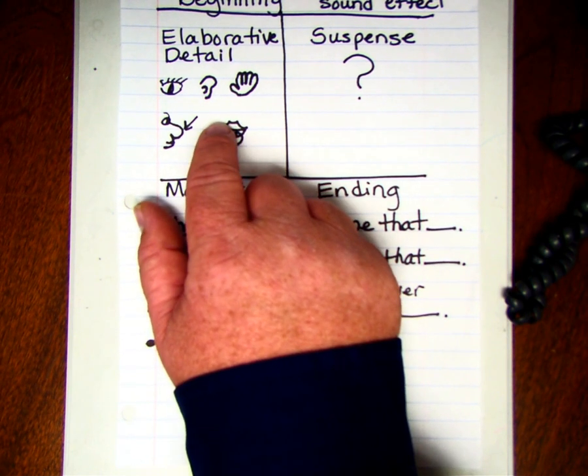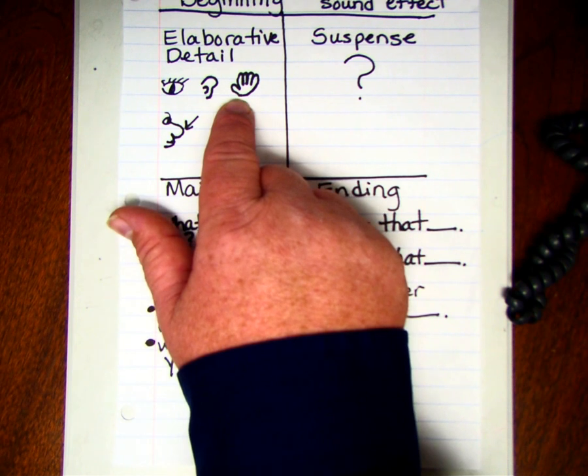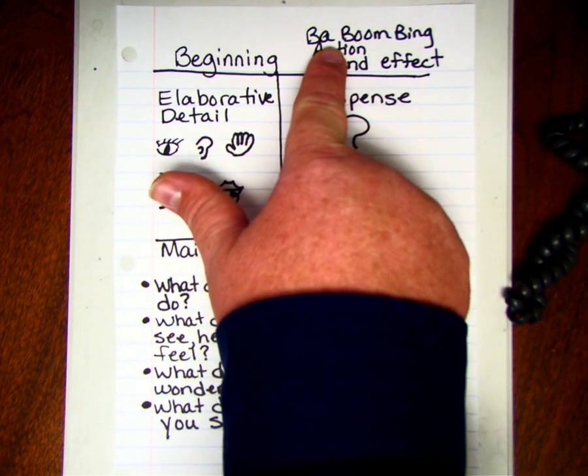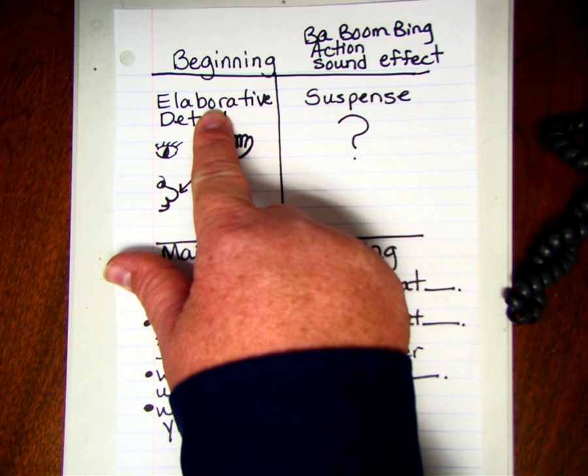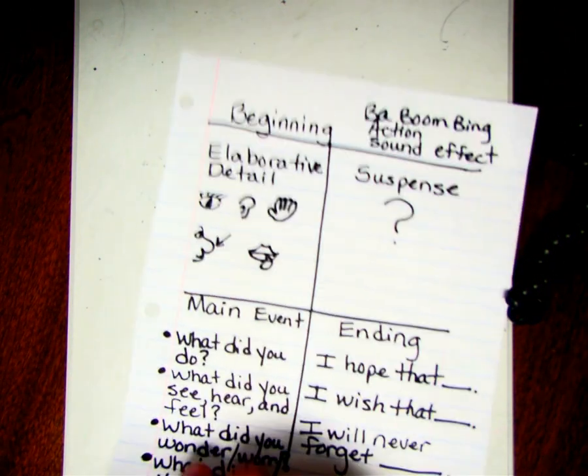And what I have them do is they're going to write 3 sentences describing their setting. So for today, it's only going to be the beginning and the elaborative detail. So what I do for the beginning is I will cover this. I will bring the beginning over here, and I will show you the first beginning that I wrote.